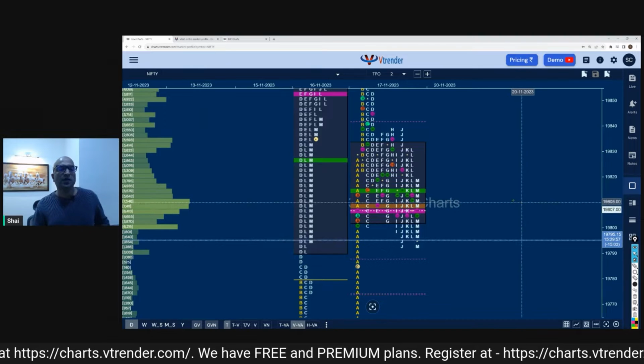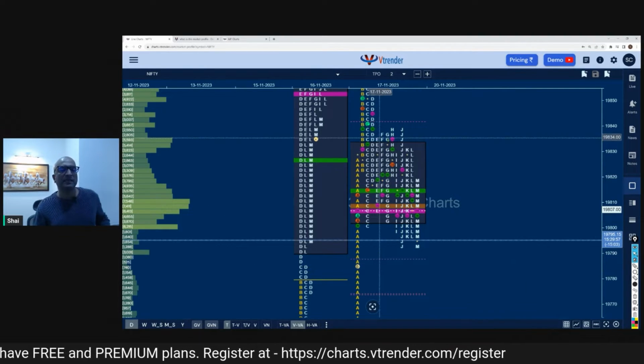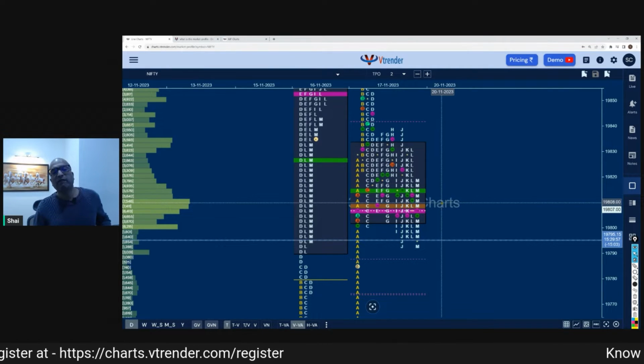If I zoom this chart of today, you can see these letters A, B, C, D, E, F, G. Now there are certain rules we have to look at.